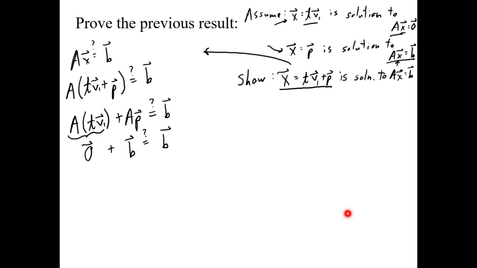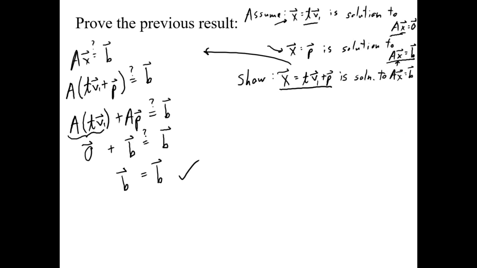And certainly 0 plus b is just b. So it works. If I took that sum and plugged it in, the result is a solution to that non-homogeneous Ax = b. Okay, so there are our homogeneous and non-homogeneous systems.